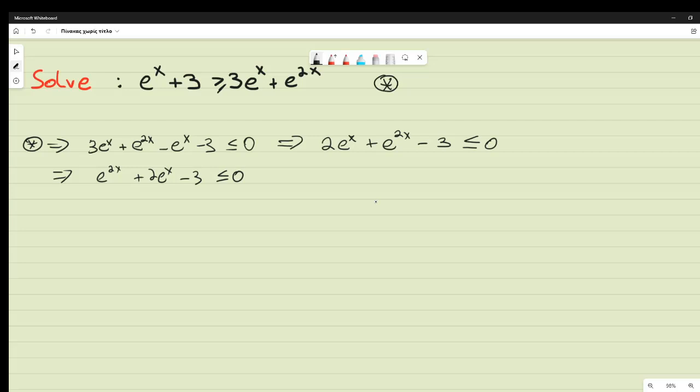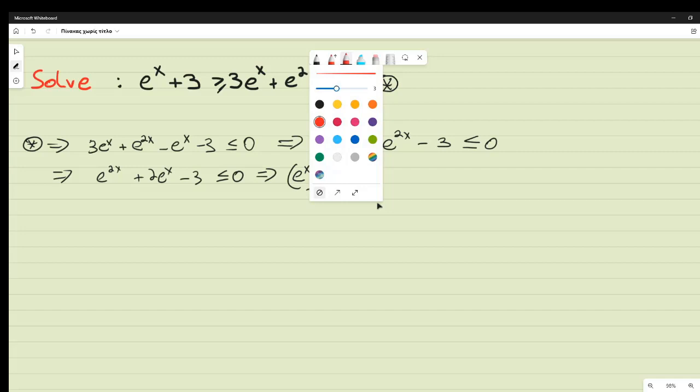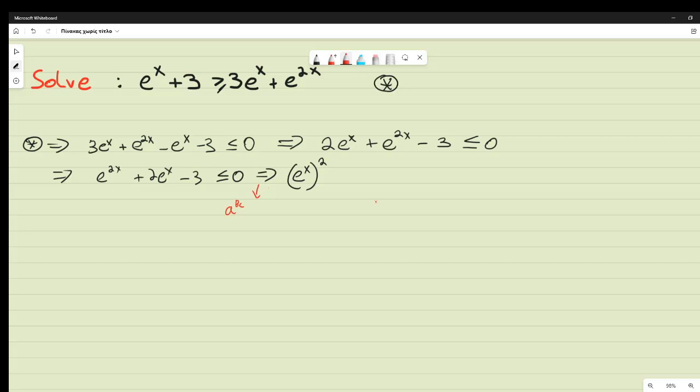As we can see, if we continue making some applies on this, it will be e to the power of x and all of this to the power of 2, because we know that whenever we have a real number, a to the power of bc is equal to a to the power of b, and all of this to the power of c.